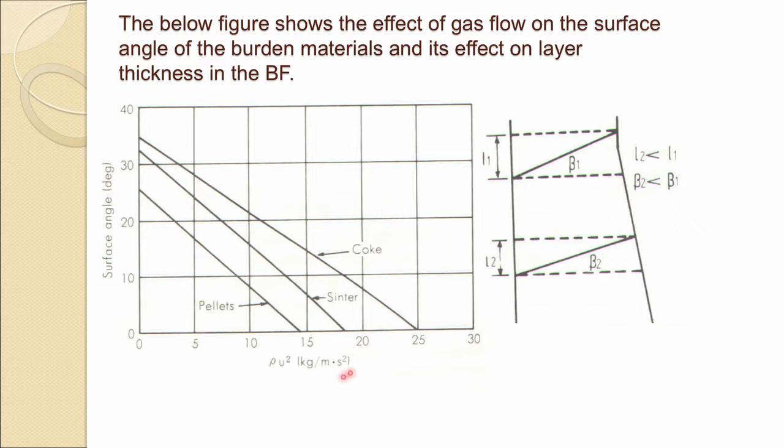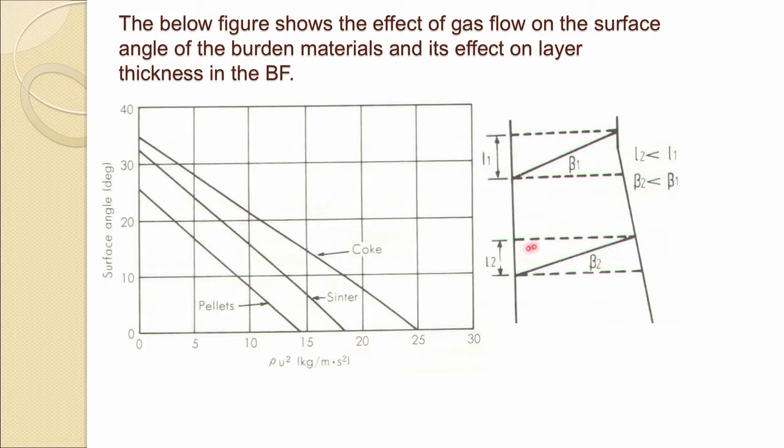So the flow of the gas also affects the angle of the burden material quite a lot, and can change the distribution and the layering angle. In this case, if beta 2 is less than beta 1, you will see the thickness of the layer has decreased.